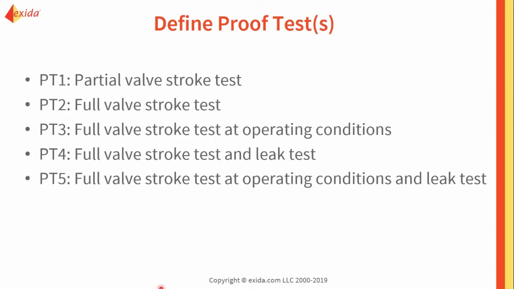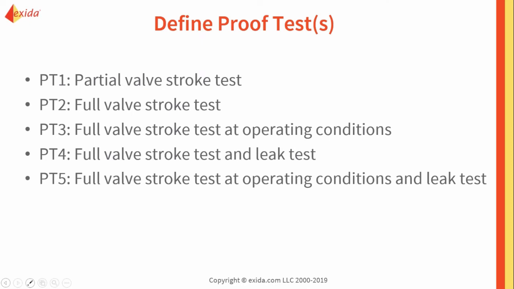There are different levels of proof tests that can be achieved. And if you think about it, that just makes sense. The more work you put into your proof tests, the more of those dangerous undetected failures will be found. This is an example for, let's just say, a floating ball valve.